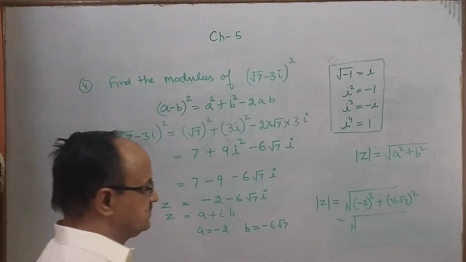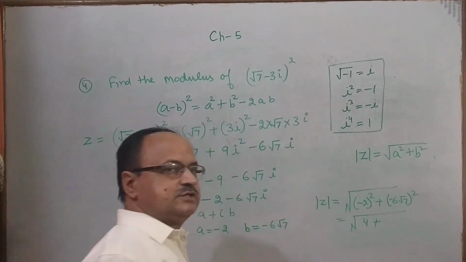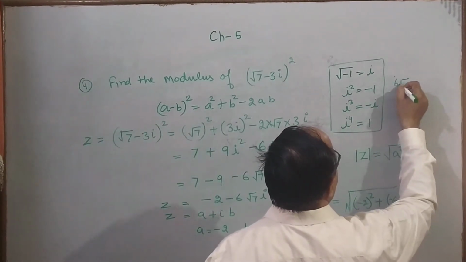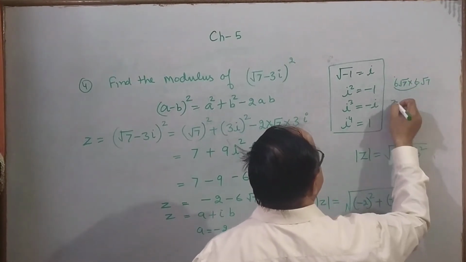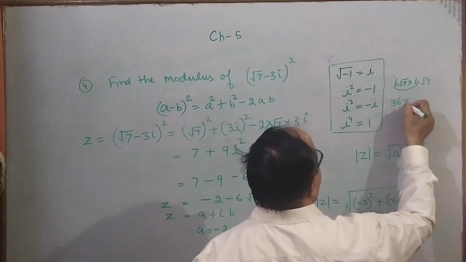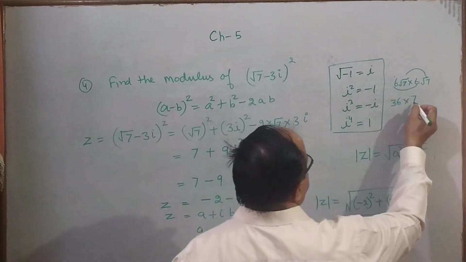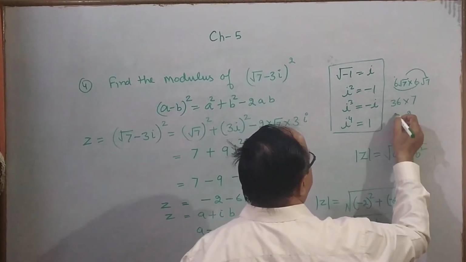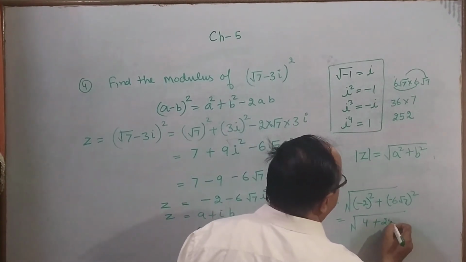Minus 2 square, that is 4, and 6 root 7 into 6 root 7. 6 into 6, 36. Root 7 into root 7, 7. 7 6 is 42, 4 7 is 21, 4 25. That is 252.